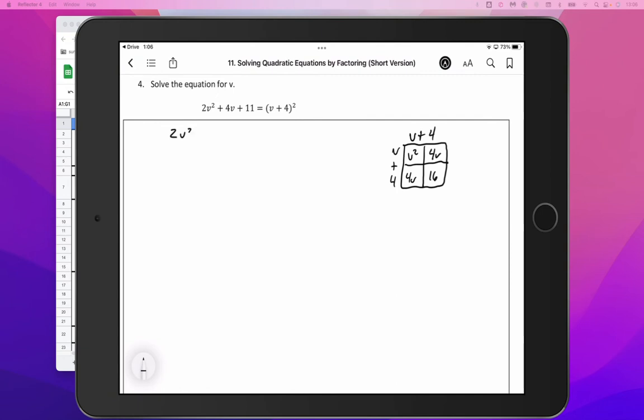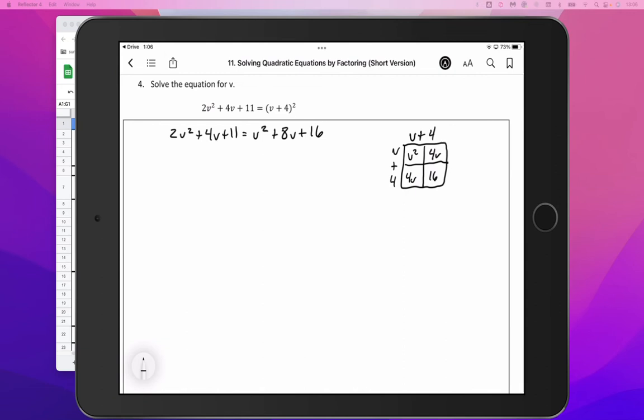So 2v to the power of 2 plus 4v plus 11 is equal to v squared, and I can recognize that those two are going to add together to make 8v, so plus 8v plus 16. Now you might be thinking, geez, you just made it worse.